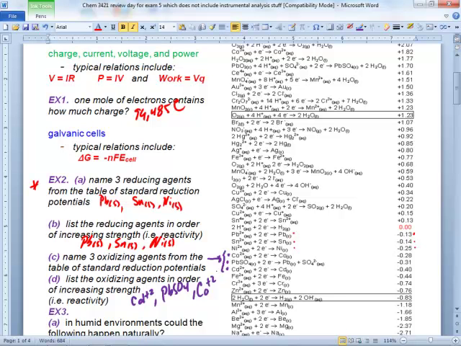So I could give you a whole bunch of things, and you could tell me which is the strongest, which is the weakest, right? You could even say, could this guy even be a reducing agent? He's an oxidizing agent. Sorry, he's getting reduced.